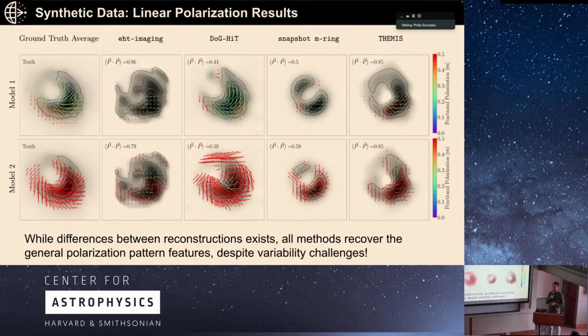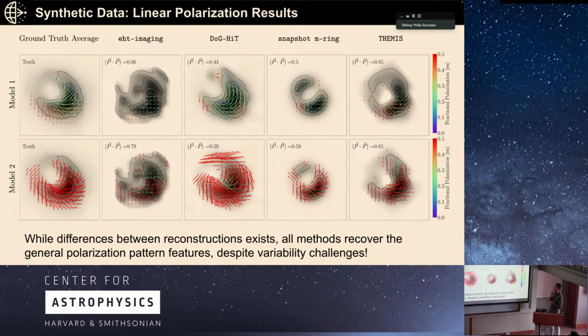So let's have a look at how our imaging methods do on these synthetic data sets from these 2 models. So here on the left we have the ground truth for model 1 and 2, and then in the different columns here we see our different imaging and modeling methods.